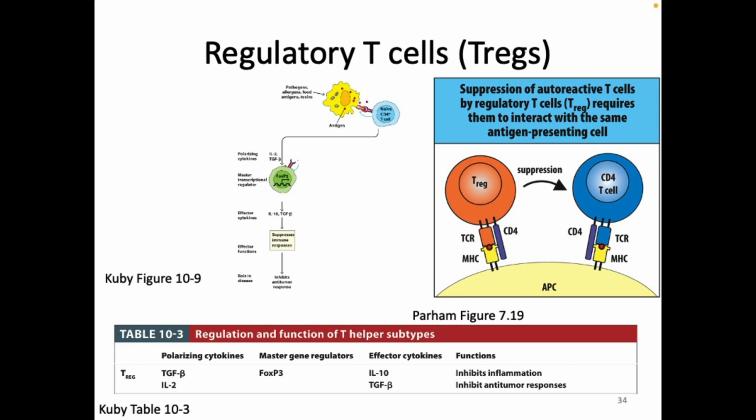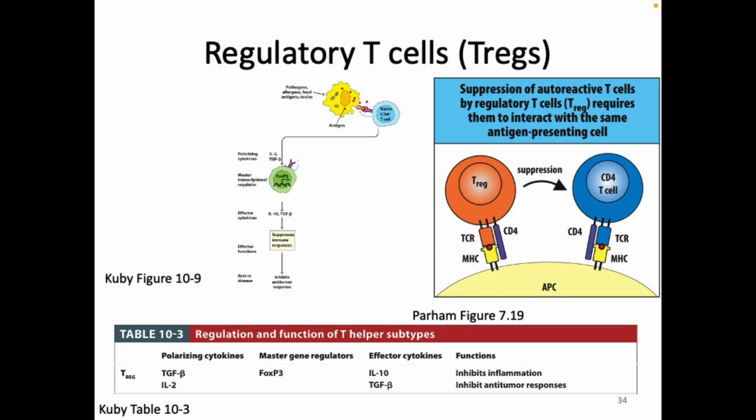All Tregs make this transcription factor that's called FOXP3. Tregs do their suppression largely by producing a cytokine called IL-10. And there are actually two ways we can make Tregs. One of the ways that we can make Tregs is by giving those Tregs some TGF beta.